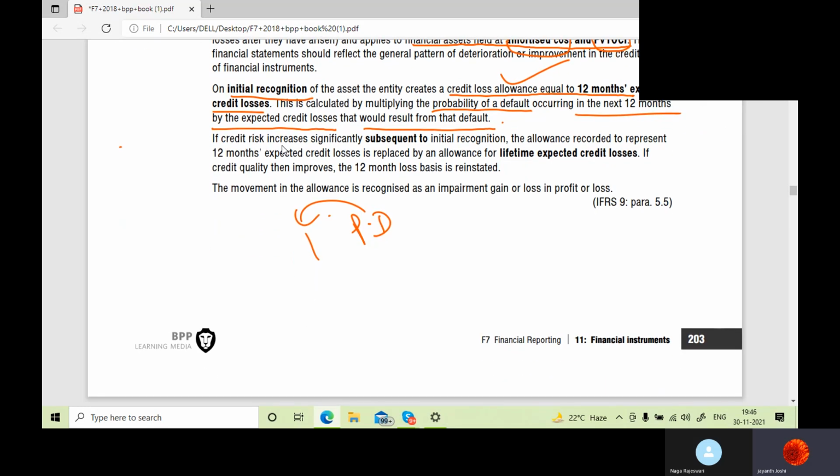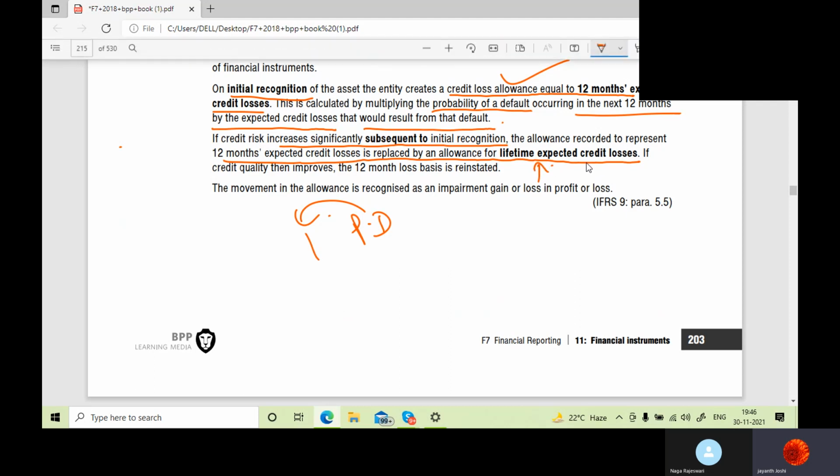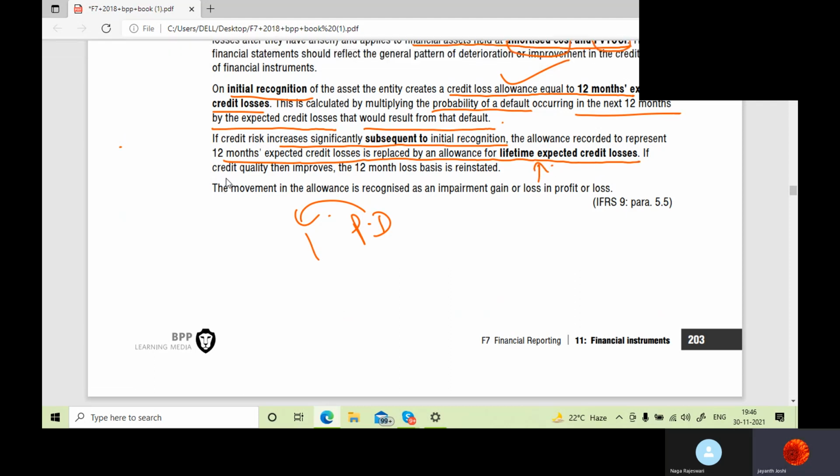So if credit risk increases significantly subsequent to initial recognition, the allowance recorded to present 12 months expected credit losses is replaced by an allowance for lifetime expected credit losses. That means if you have created an allowance and you think that a higher amount of default can happen because of a higher credit risk, then you will be making a different account called lifetime expected credit loss. If credit quality improves, then this loss can be reinstated. Am I right?